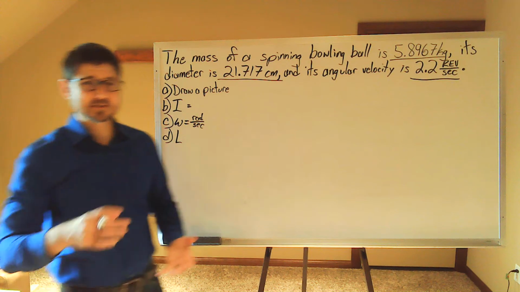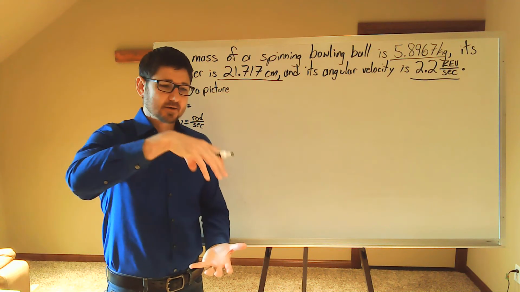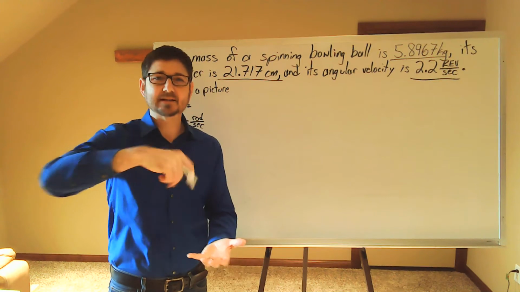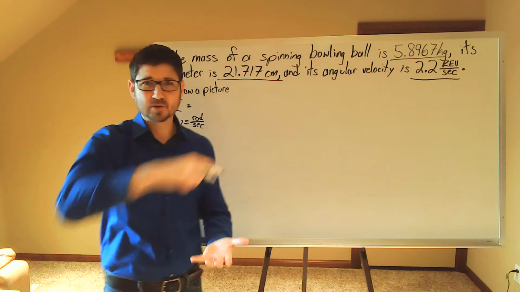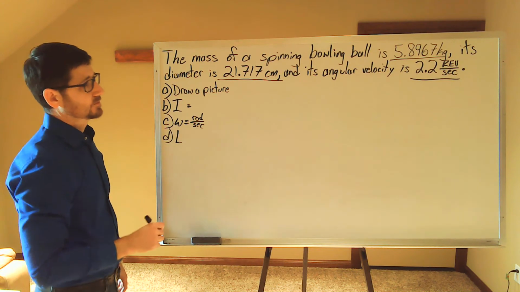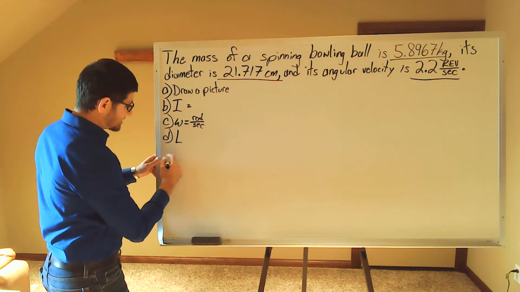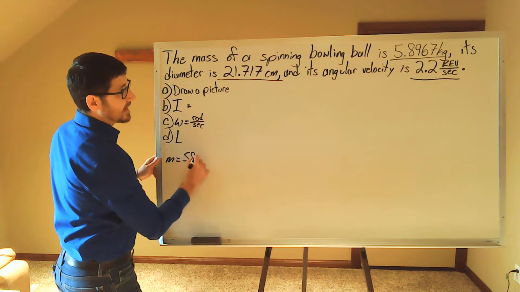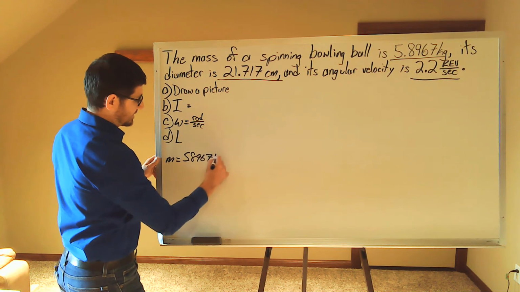So the situation is a student places a bowling ball on the ground and they spin it while it's on the ground. Let's go ahead and write down some knowns. The mass is 5.8967 kilograms.